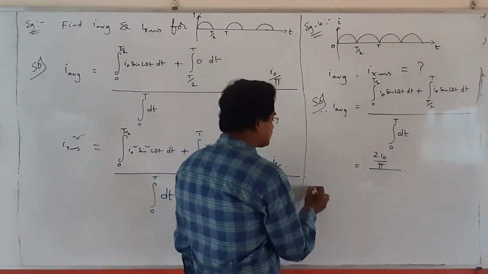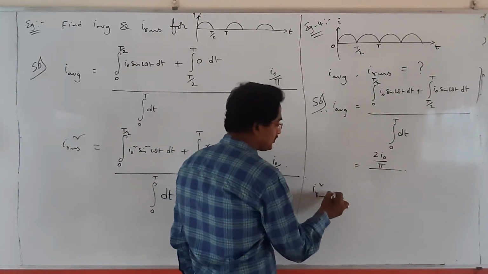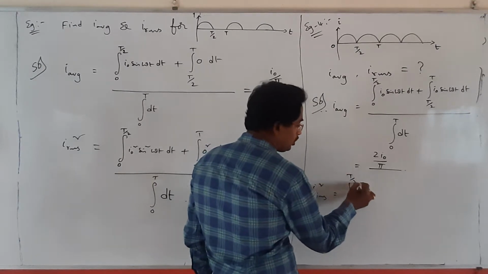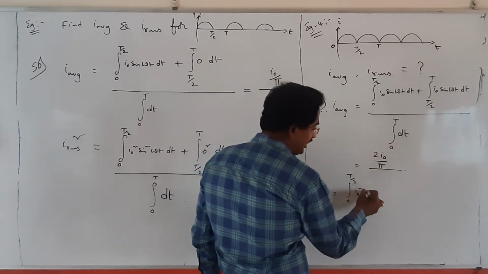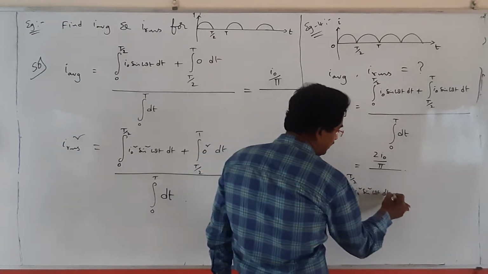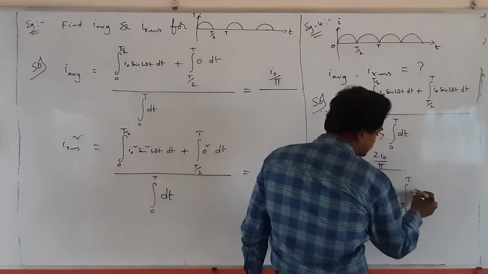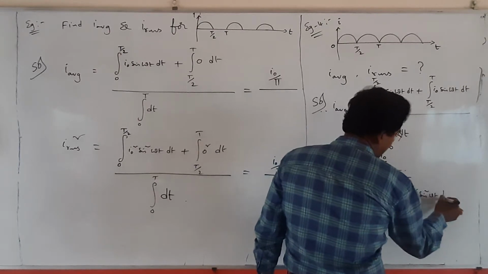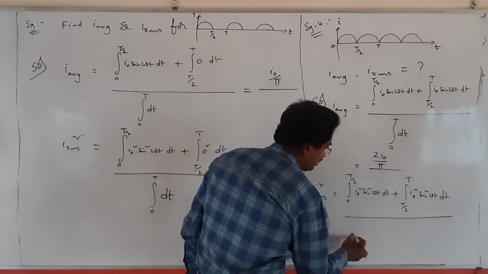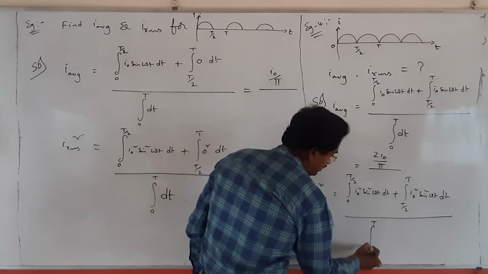And IRMS: integral 0 to T by 2 of I naught square sin square omega t dt plus integral T by 2 to T of I naught square sin square omega t dt, divided by integral 0 to T dt.